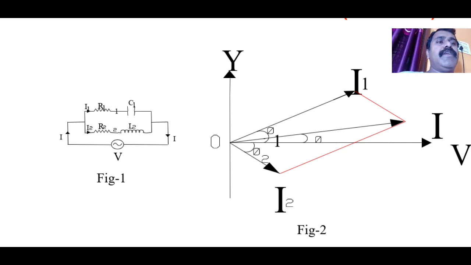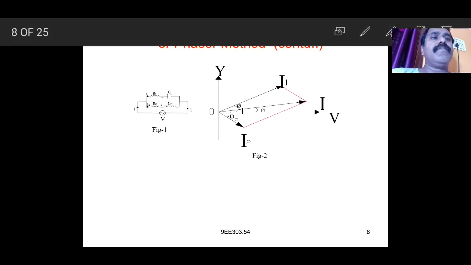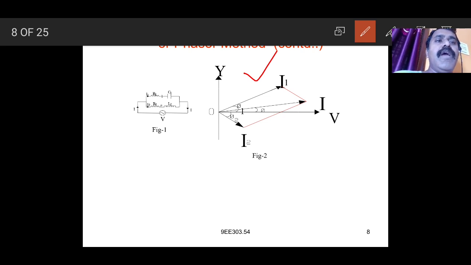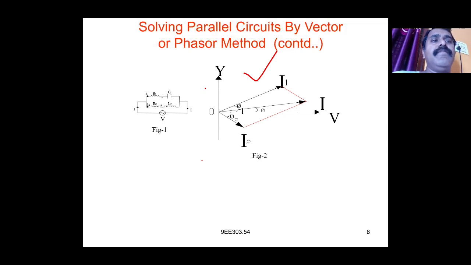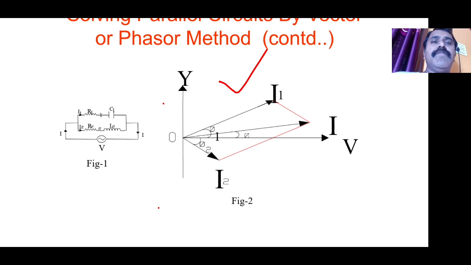Here is given the vector diagram, where the currents I, I1 and I2 are shown. In the first branch, the current I1 flows through the resistance and the capacitance, so I1 leads the voltage by some angle phi1 in the phasor diagram.